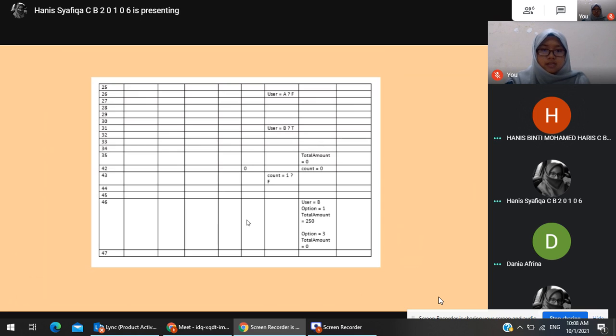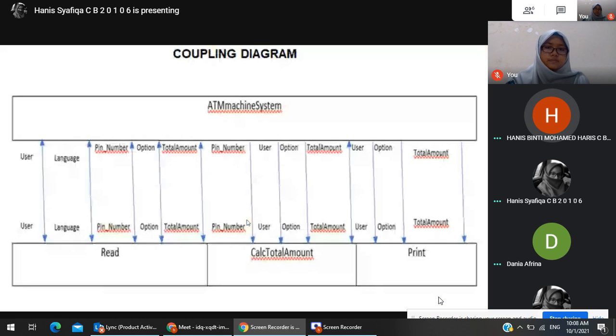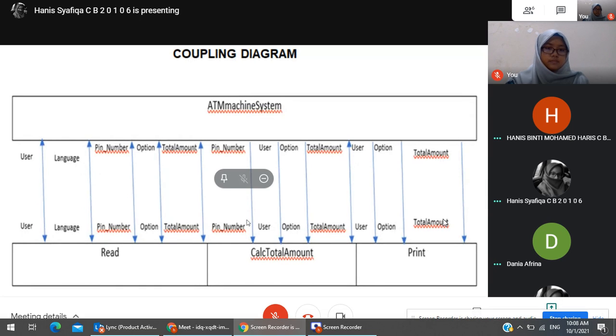And lastly, it will print out the user, the option, and the total amount for the two test data.